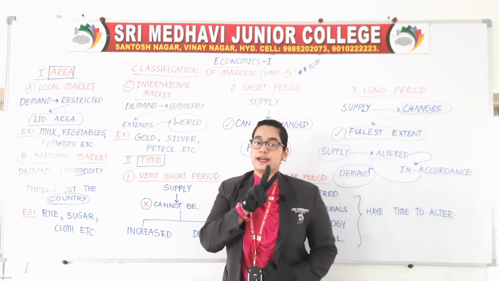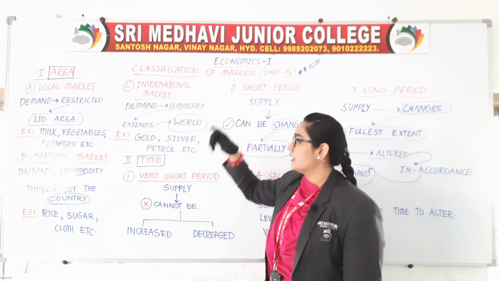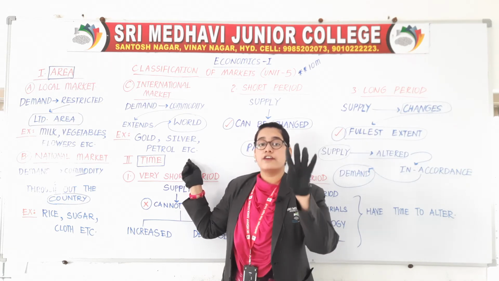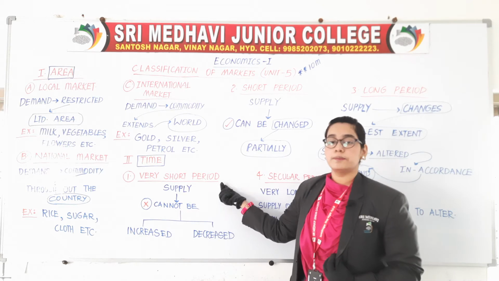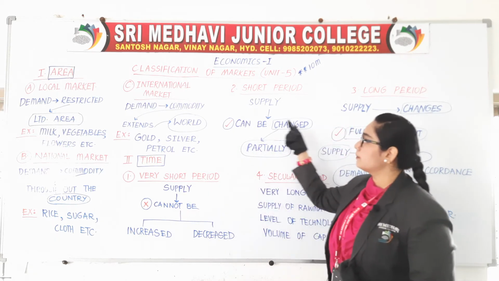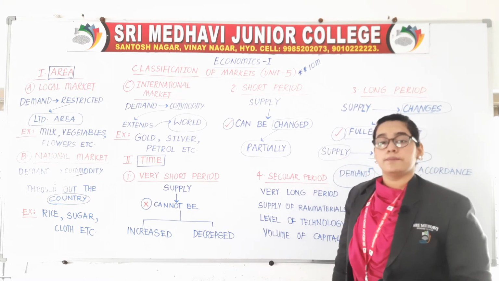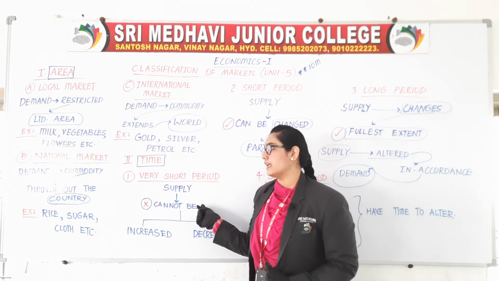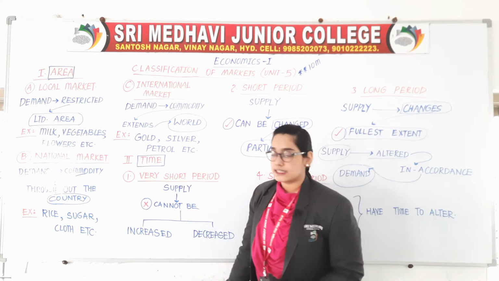Now the second part of this topic: markets divided based upon time. Under this we have four side headings, that is very short period, short period, long period and secular period. Very short means the supply cannot be increased and cannot be decreased.